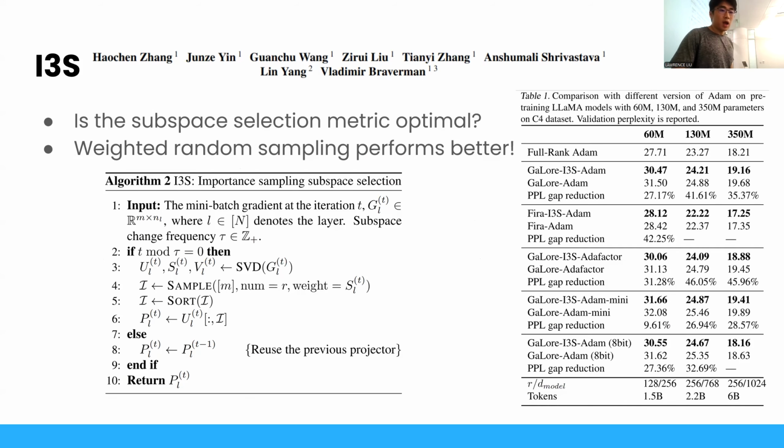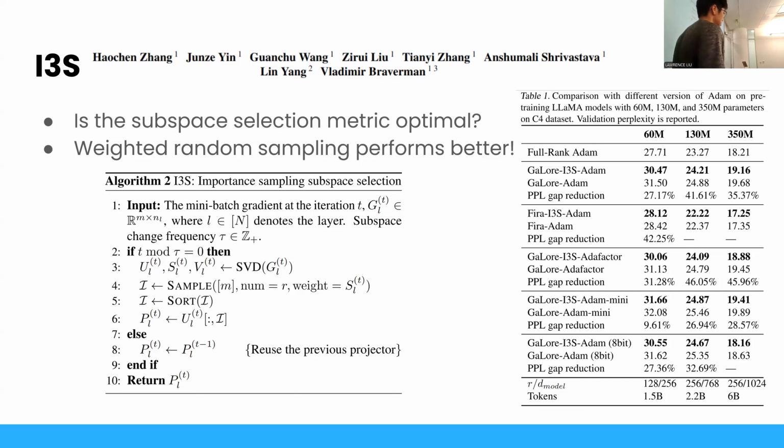So what I3S by Hao Chen does is subspace selection. Instead of explicitly taking the highest singular values to select your subspace, you randomly sample based off of the singular values, and they show a significant improvement compared to standard GaLore.